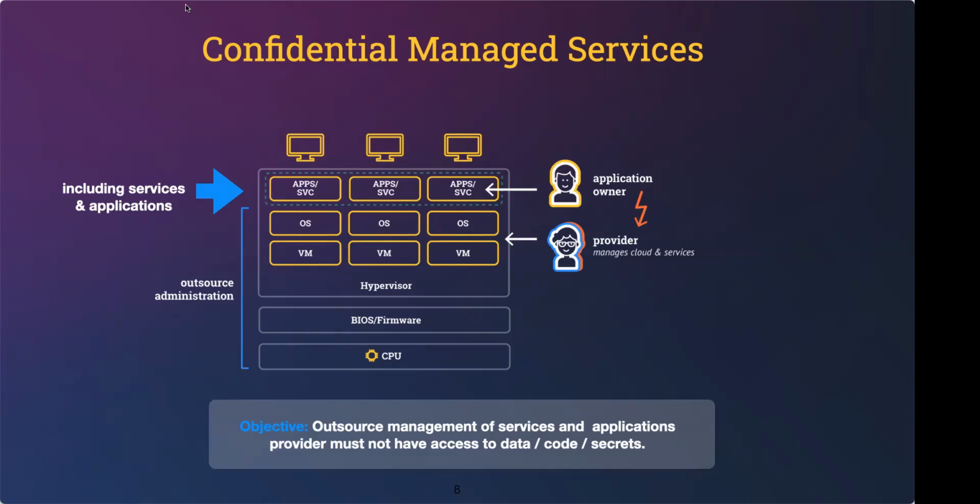So I go to some provider, and that provider should manage my application. That means I, as an application owner, would like to keep control over my data, my code, my secrets. But at the same time, I want to outsource the management.